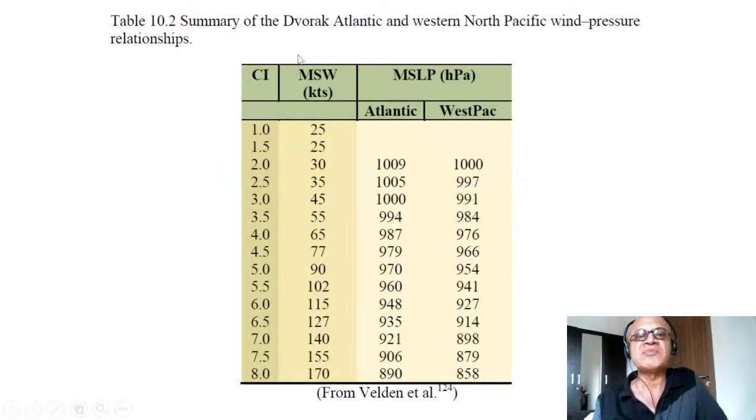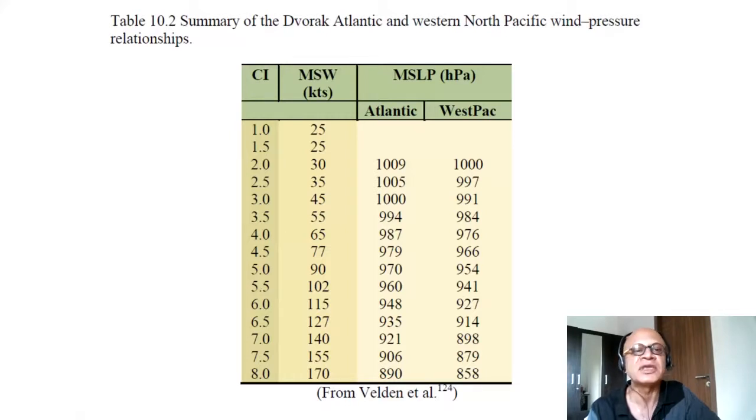So here is the summary of the Dvorak Atlantic and Western North Pacific wind pressure relationship. So this is cyclone intensity, this is mean sustained winds in knots, and this is the mean sea level pressure in hectopascal, Atlantic and West Pacific. So you can see the intensities.